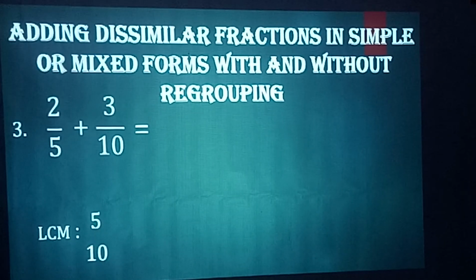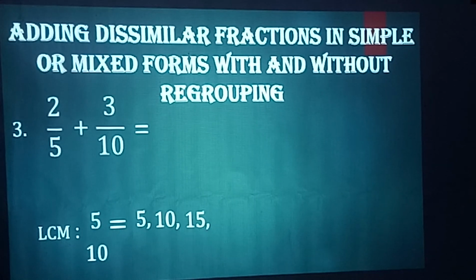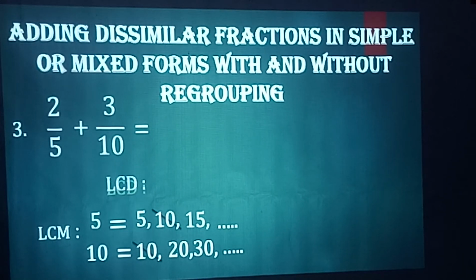And the multiples of 5 are 5, 10, 15, and so on. And for the 10, 10, 20, 30, and so on. And the least common multiple of 5 and 10 is 10. Again, the LCD, or the least common denominator, is 10.